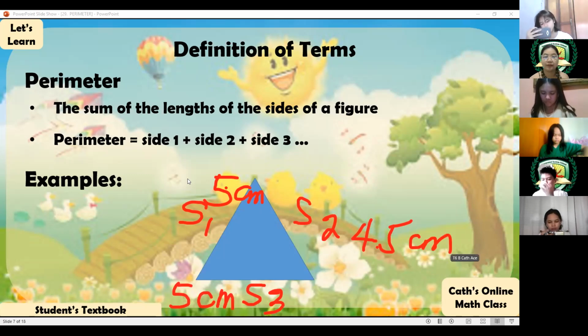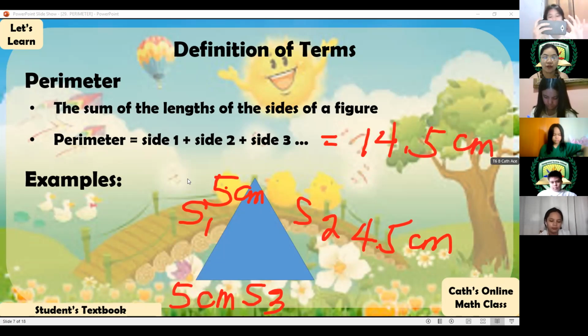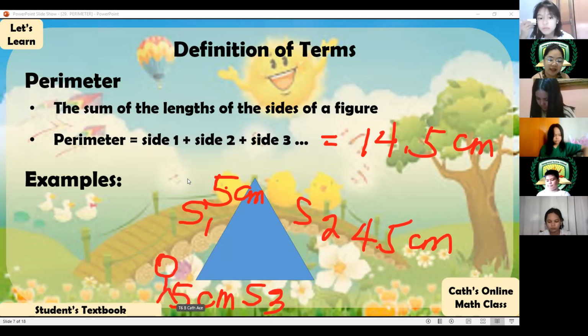O, ilan yan? Ilan lahat ng perimeter? 14.5 centimeters. Tama, magiging 14.5 centimeters. Do you understand? So you just need to add up. Para lang din yan, imagine niyo, ito ikaw, at tatakbuhin mo itong triangular part na to.